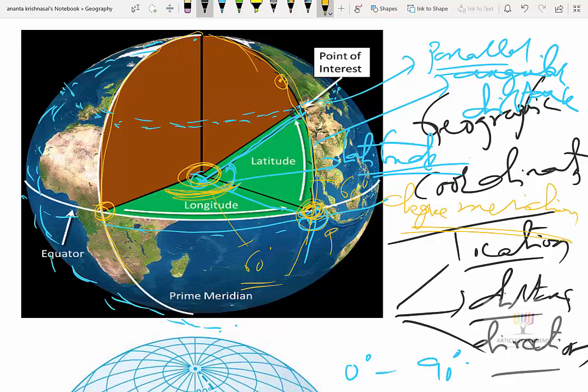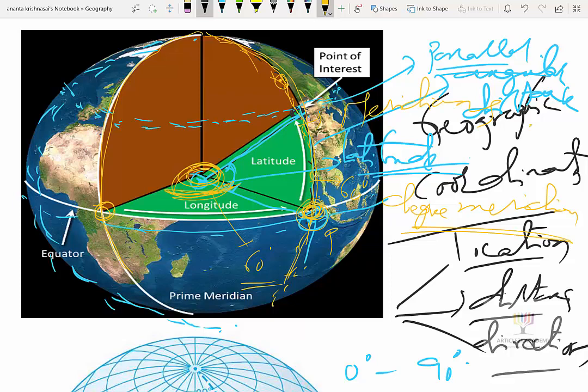And this particular angle can also be divided further into minutes and seconds, as we have done with respect to the latitudes, and it's of a point east or west of the prime meridian or Greenwich meridian. Remember that the particular points which are lying here can be joined together, and these points when joined together, which have the same angular distance that we are measuring here, in terms of these semicircles, form what are called meridians.